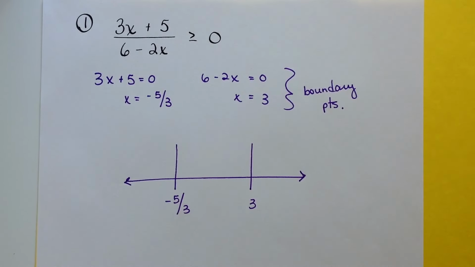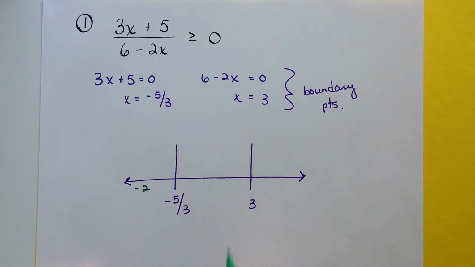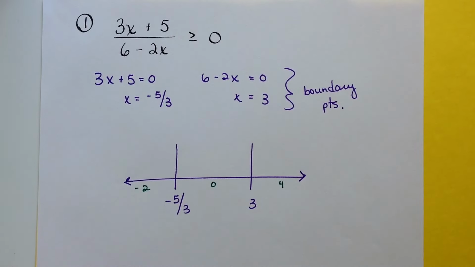Now my test numbers, so I need to pick a value that would be less than negative 5/3. Of course, if you need to get a decimal approximation for that so you'll know what you're dealing with, you can. But negative 2 would work. And then I could use 0, and then I could use positive 4.